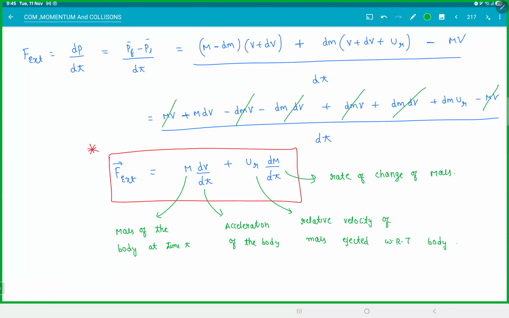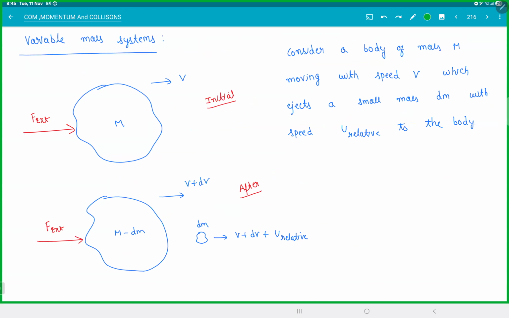So this thing actually looks like m dv by dt plus v dm by dt, but that v is not the velocity of the body, but v relative. Now we will simplify this in a much simpler form, which is usable. So don't worry about this. Clear with this?